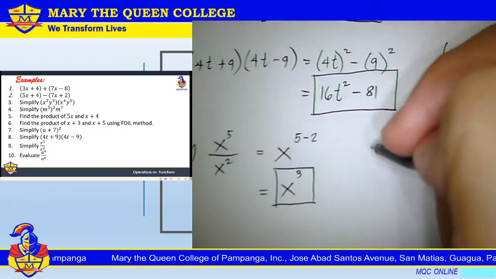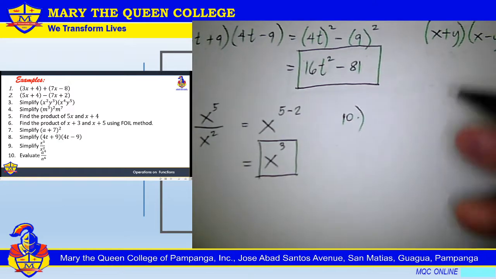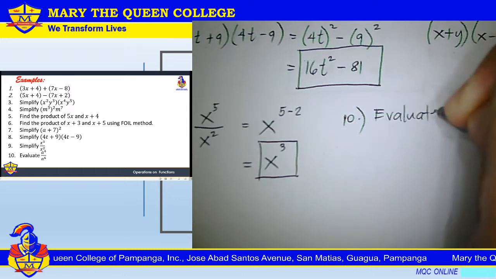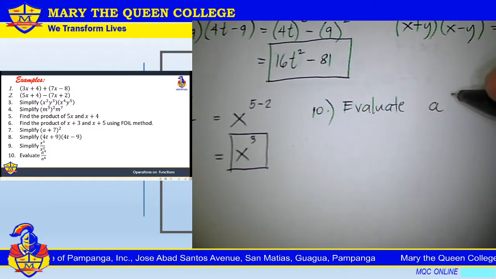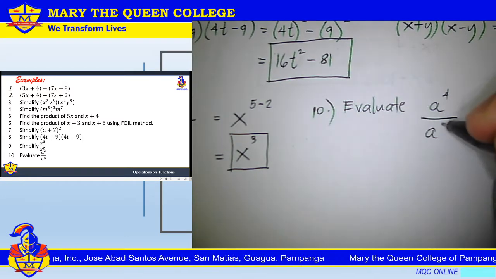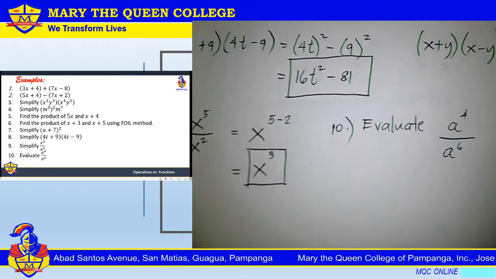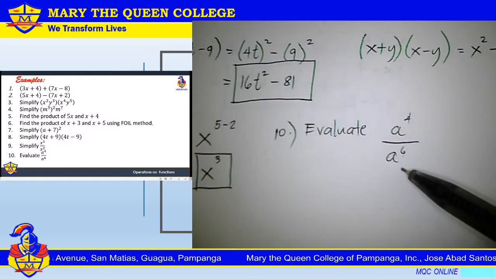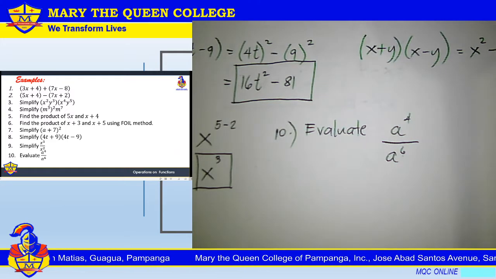Then, for number 10, okay. So, for number 10, we have evaluate. It says here, evaluate a raised to 4 over a raised to 6. Okay? So, number 10 is different from number 9. Wherein, the exponent of our denominator is greater than the exponent of our numerator.